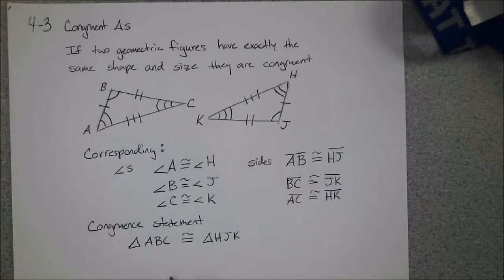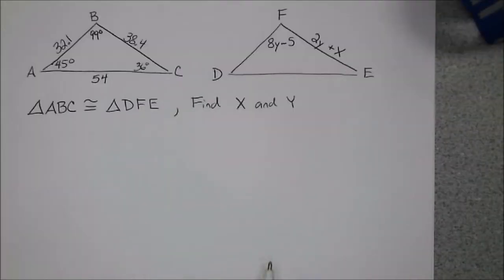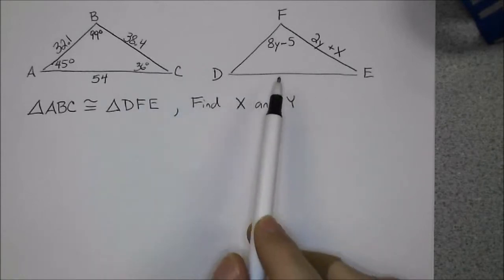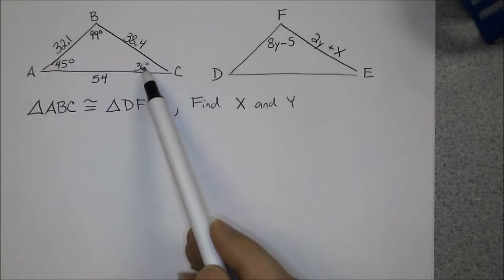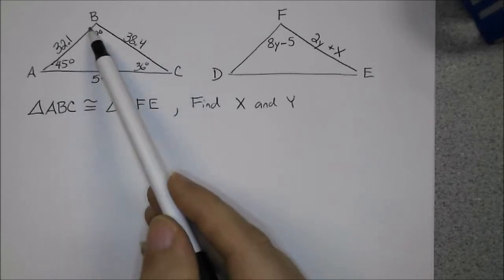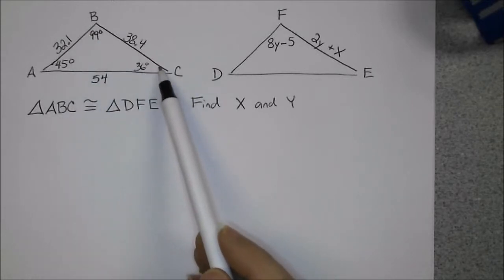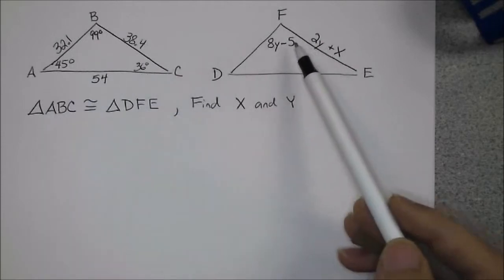So now let's work on some problems that have to deal with congruent parts of triangles and polygons. All right, so here we have two triangles, and I've got different parts labeled. We've got the angles 45, 99, and 36, and this is a length of 32.1, this is 38.4, and this is 54.